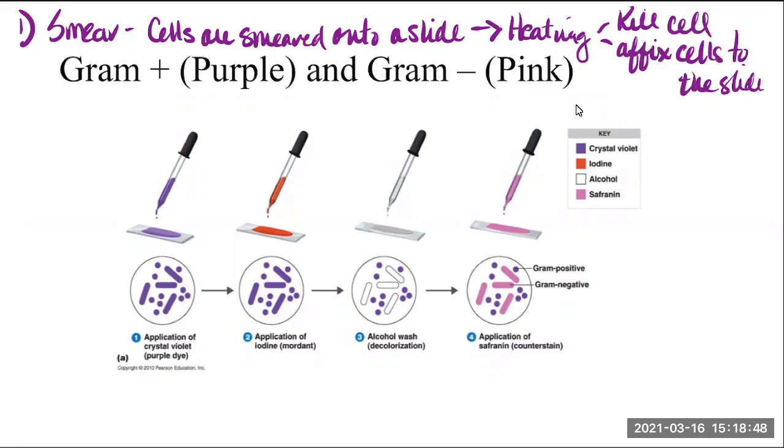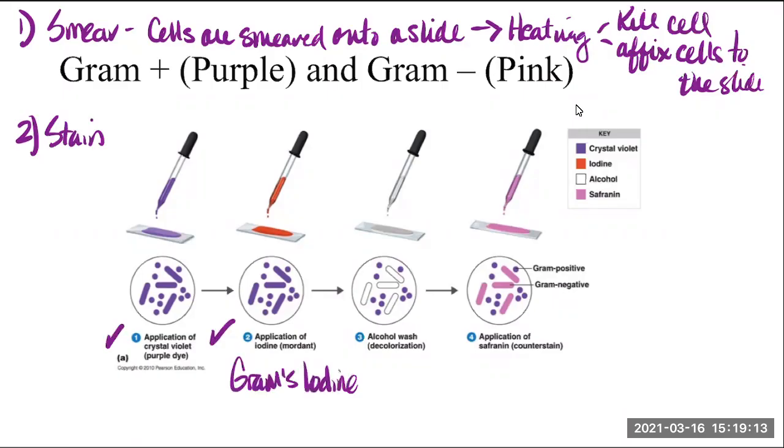Then the next thing that has to happen, once the slides are cool, is you do the staining. And so the first thing that you do is you apply the primary stain, which is crystal violet. Then you would do the mordant, which is Gram's iodine.